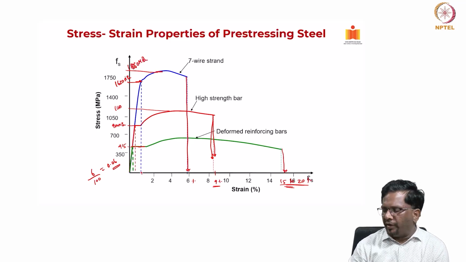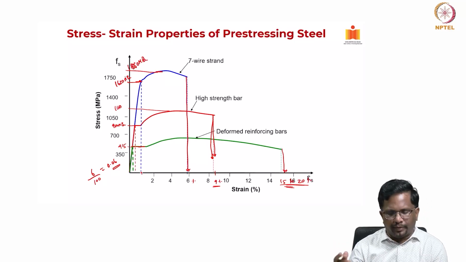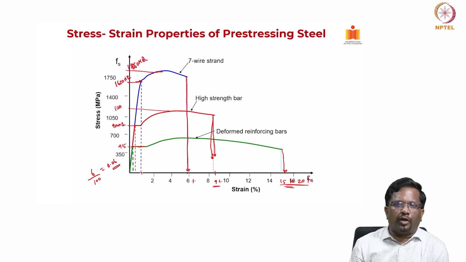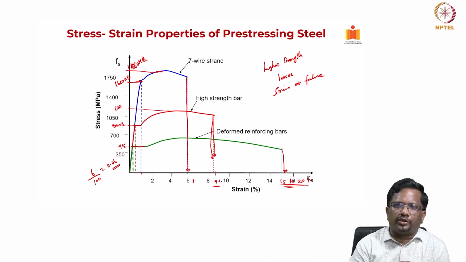So, that again we either take 0.2 percentage or 0.1 percentage proof stress as your yield stress, right. Okay. So, the moral of the story is higher the strength, lesser your strain at failure, okay. Lesser will be the strain at failure.